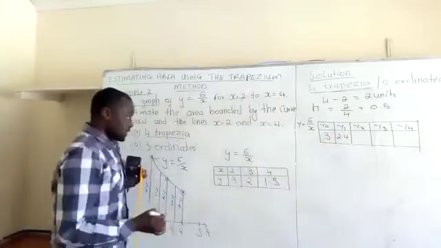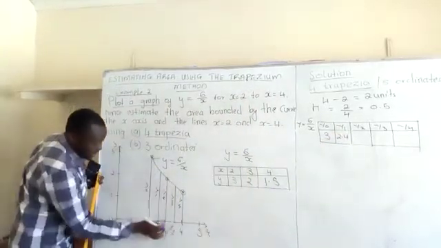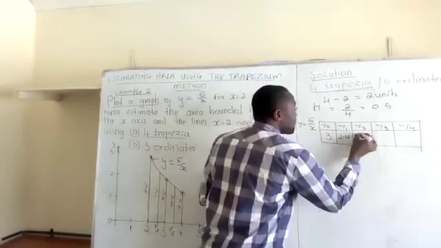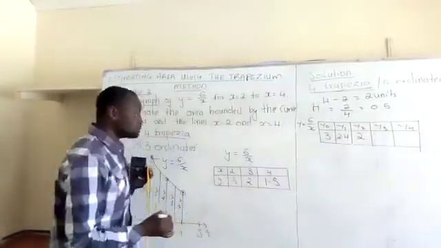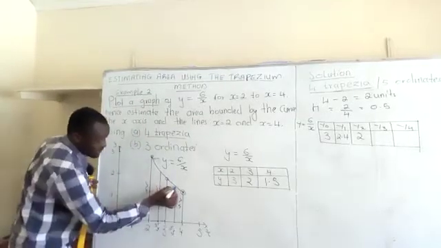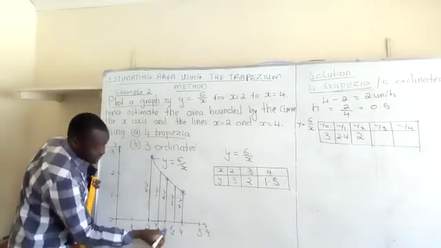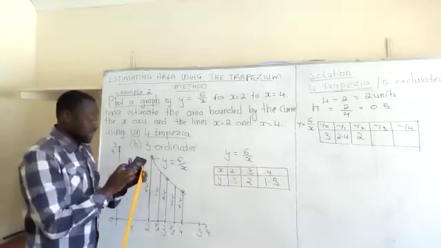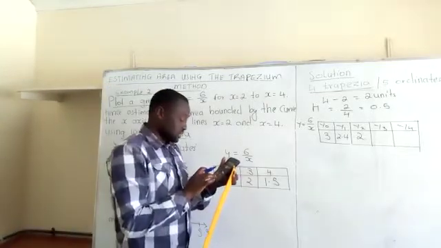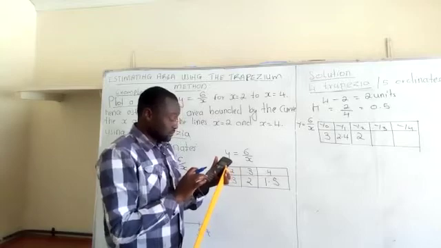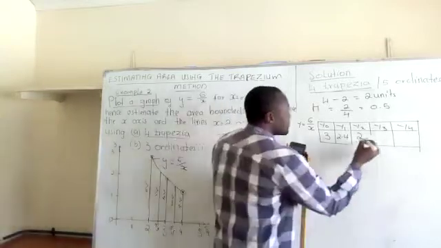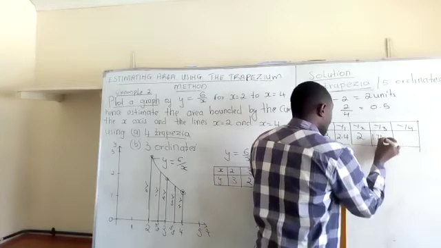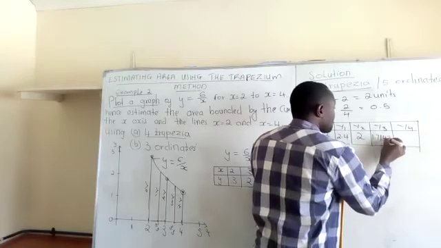So y1 will be 6 divided by 2.5, to give us 2.4. The third ordinate is when x is 3. Therefore, 6 divided by 3 will be 2. Then the fourth ordinate is when x is 3.5, then the value of y there will be 6 divided by 3.5, to give us 1.7143.